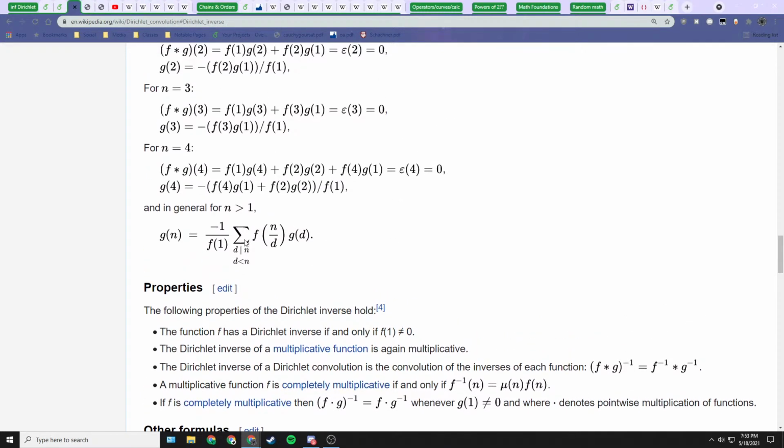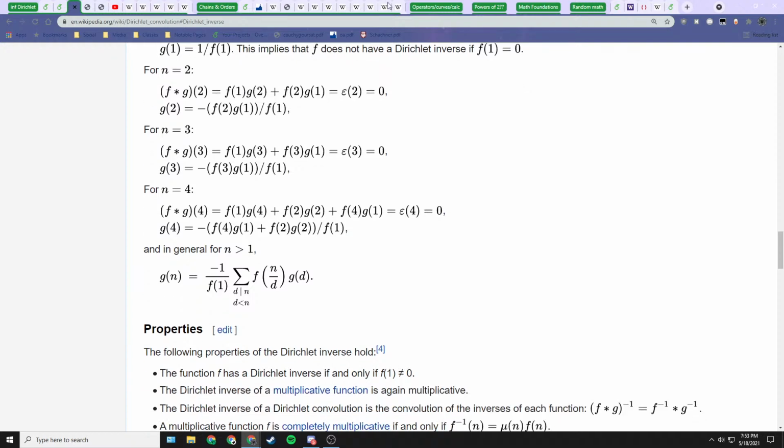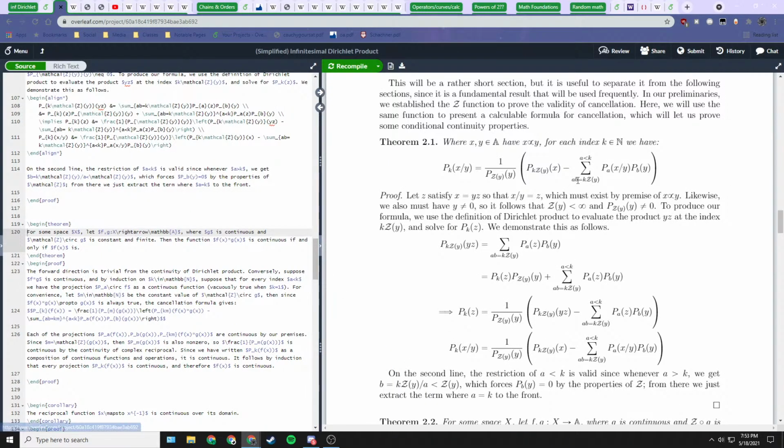In the standard way, they have a special case where the first index of g, their inverse of f, is the reciprocal of f1, and then all the other indices are this negative reciprocal of f1 times this summation. And we have something really similar to that.